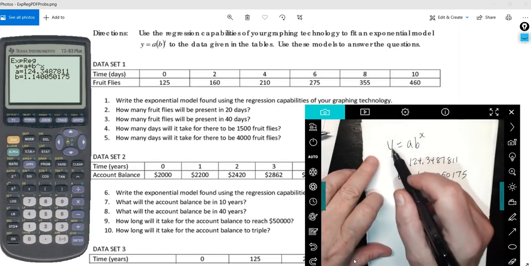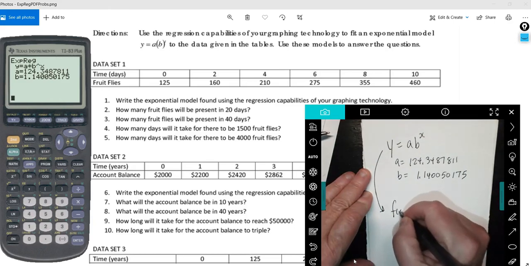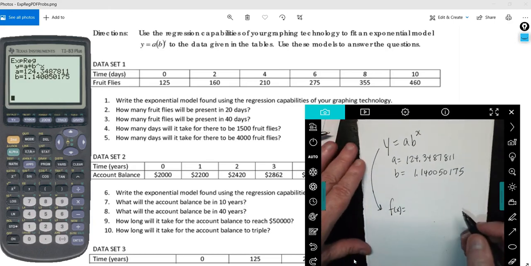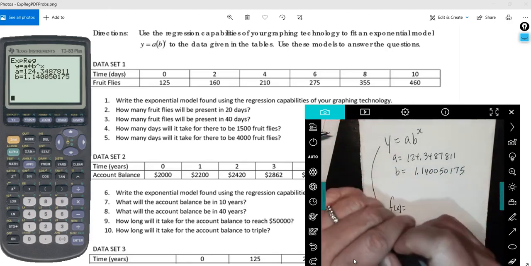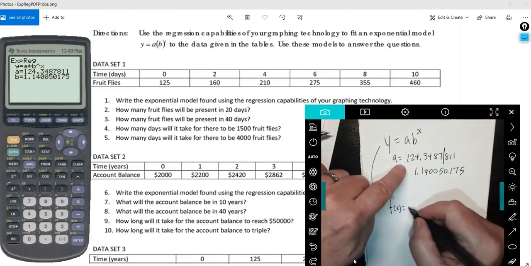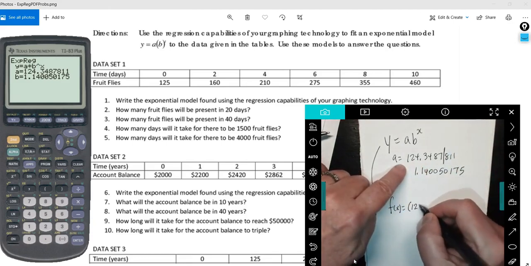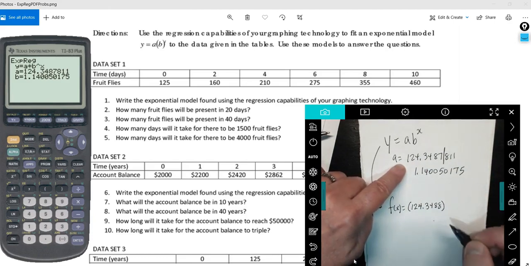So now y is the same thing as f of x, and we need to write these as f of x. So f of x equals, and then you want to take these to 4 decimal places. So if I take this to 4 decimal places, that's going to give me 124.3488. That's my a.